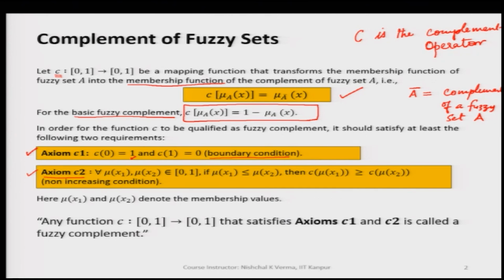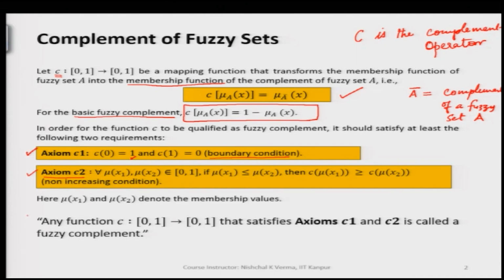So, for C to be called the complement operator, the C should satisfy axiom C1 and axiom C2. If these two axioms are satisfied, we can say the operator that we are taking as C here is a complement operator.